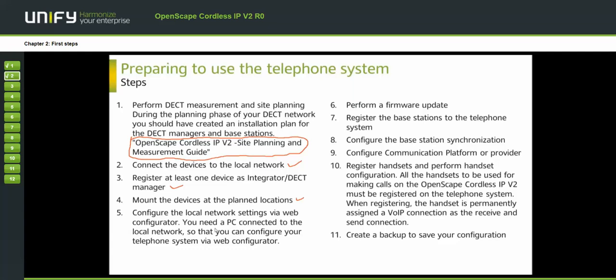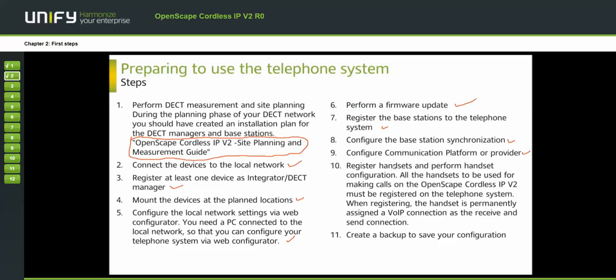Configure the communication platform or provider and register all handsets and perform the handset configuration. All the handsets that are used to make calls in this OpenScape Cordless IP version 2 must be registered. When registering, the handset permanently gets a voice over IP connection with the corresponding communication platform. Then finally, we create a backup and save the configuration.